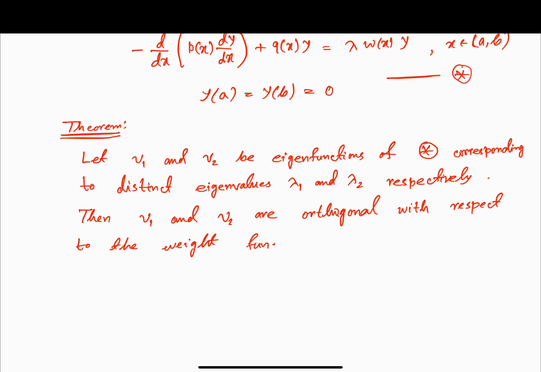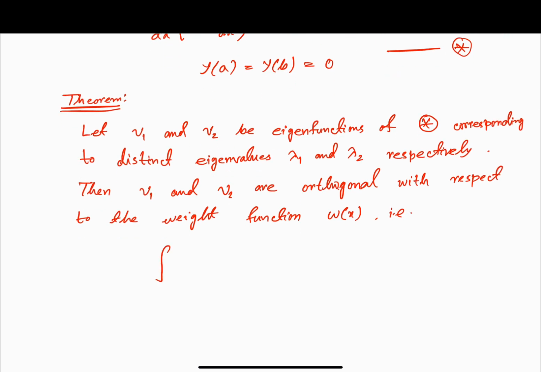So what is the weight function here? It is w. With respect to the weight function w, what is the meaning of this? It means the integral of v1(x) times v2(x) bar times w(x) from a to b dx is 0, right?